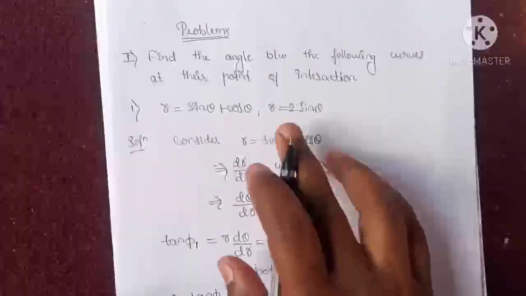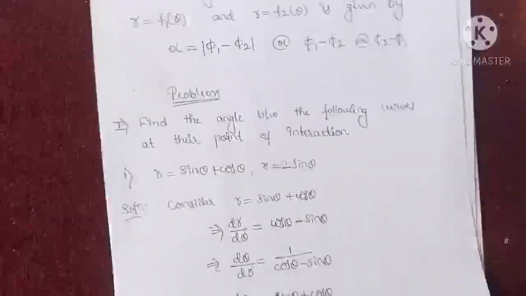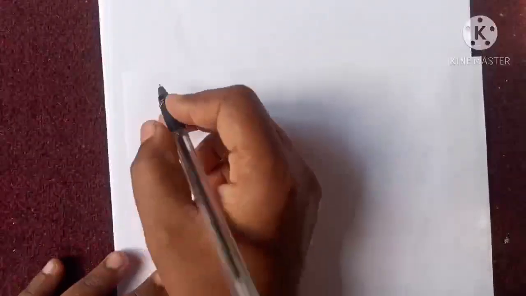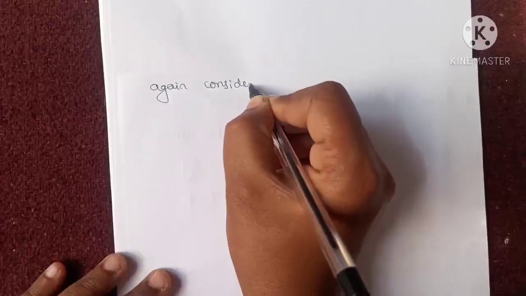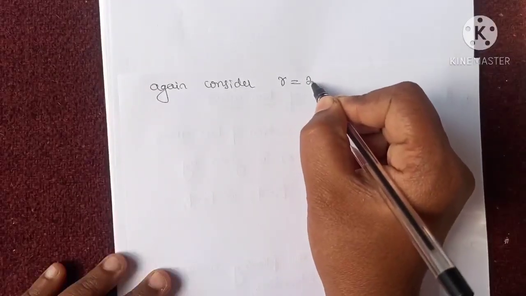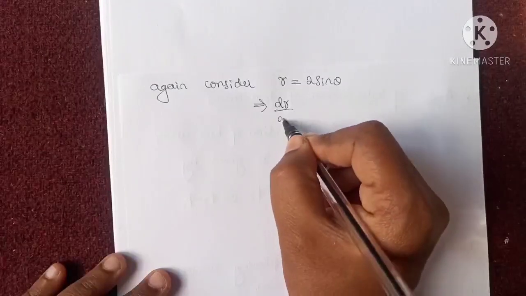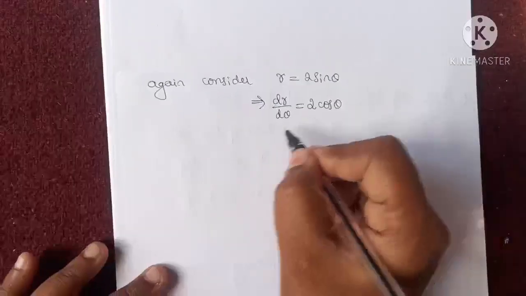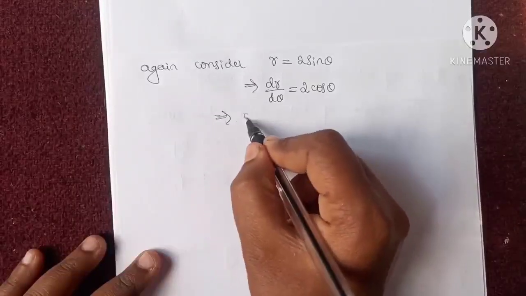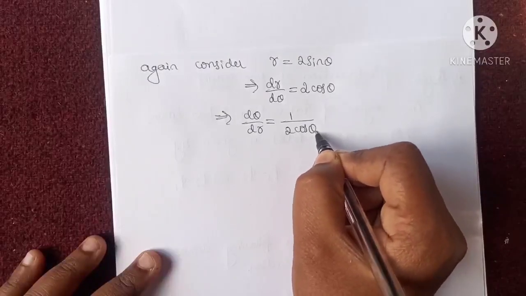Similarly, we find the phi 2 value for the second curve. The second curve is r equals 2 sin theta. Differentiating with respect to theta, we get dr by d theta equals 2 cos theta. Now taking the reciprocal, d theta by dr equals 1 by 2 cos theta.